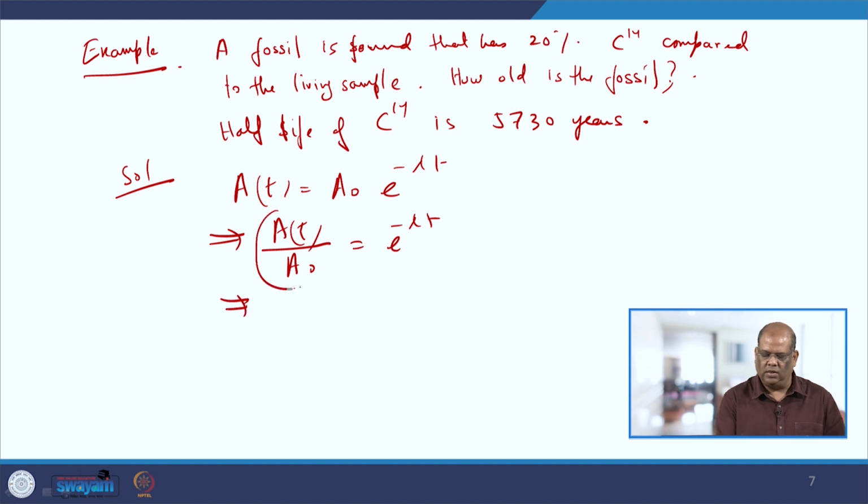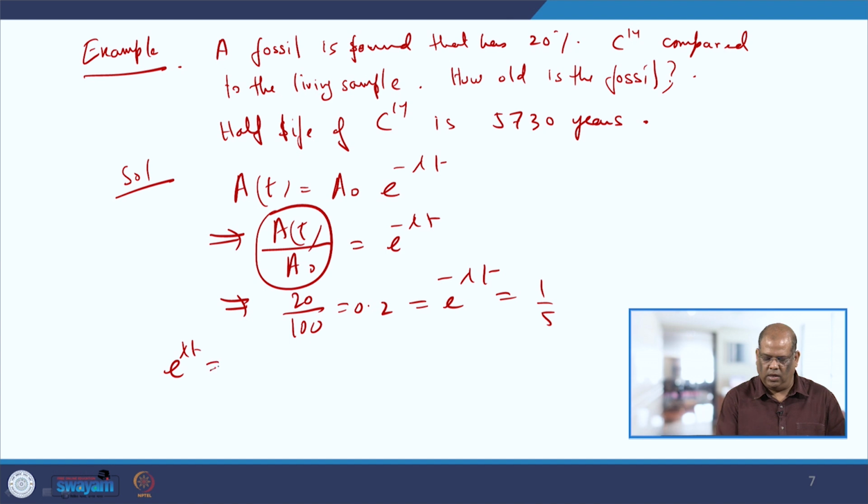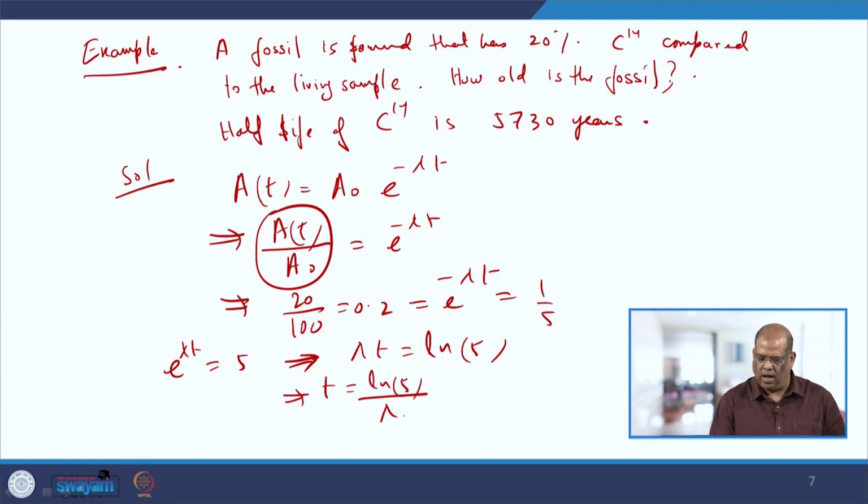So, basically this ratio is going to be 20 by 100 or 0.2 equal to e to the power minus lambda t. So, 0.2 is 1 by 5. So, e to the power lambda t is 5, and this gives us lambda t equal to ln 5, and so your t is ln 5 divided by lambda.